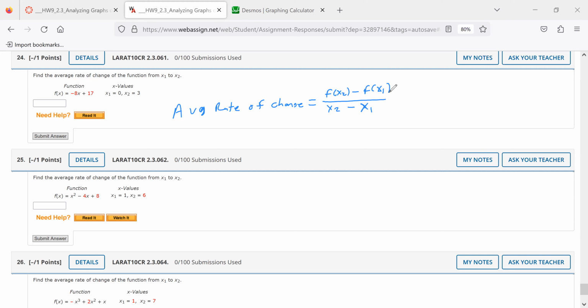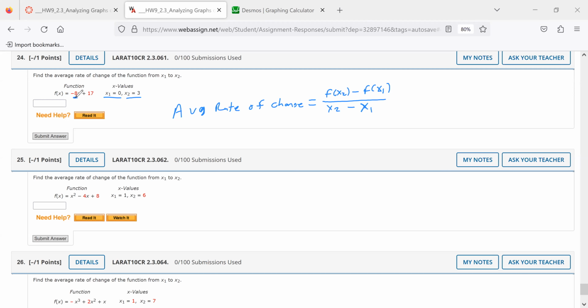You see what I mean? Here's the x1, x2. Plug them in to get your corresponding f of x2, f of x1. But on a line, it's kind of boring.